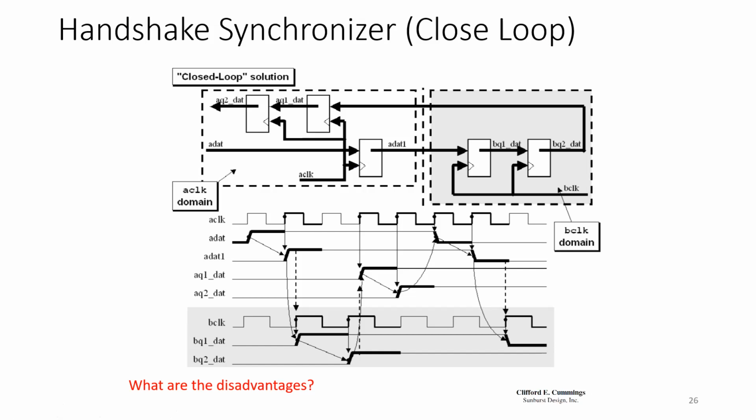It is very correct, but I have to go through all of those stages, and that is quite time consuming. But the integrity of data is well observed. This is one example of how we may make a handshaking synchronizer.